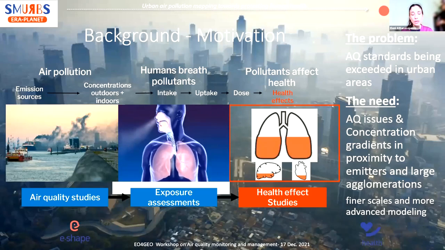This is because people are concentrated there, and also the large emitters are in cities, such as traffic, industrial sites and waste. This makes the concentration gradients high, and so we need air pollution modeling at finer scales to represent this variability and go further into health studies. And this, of course, needs support from emission inventories that are again of finer scales.